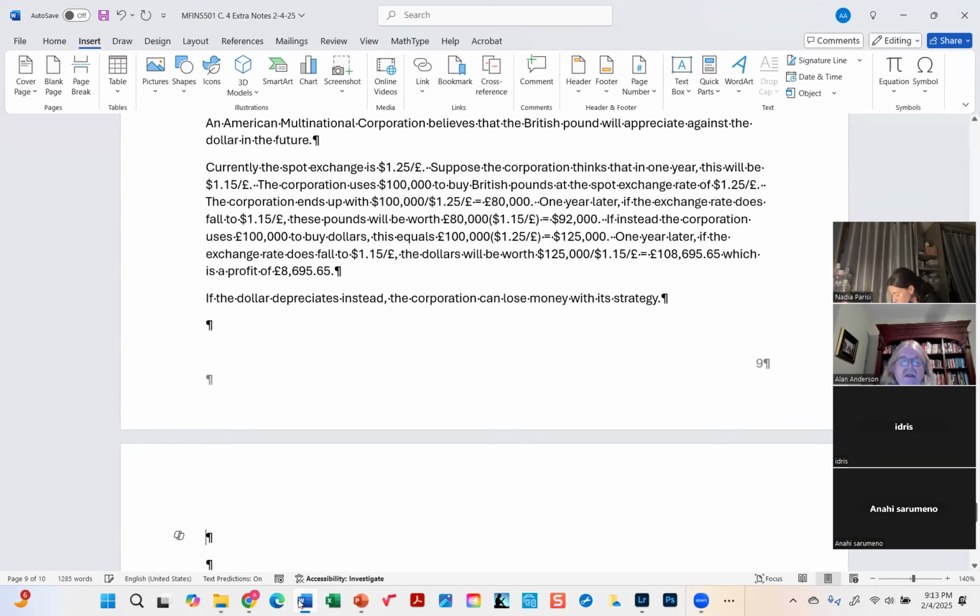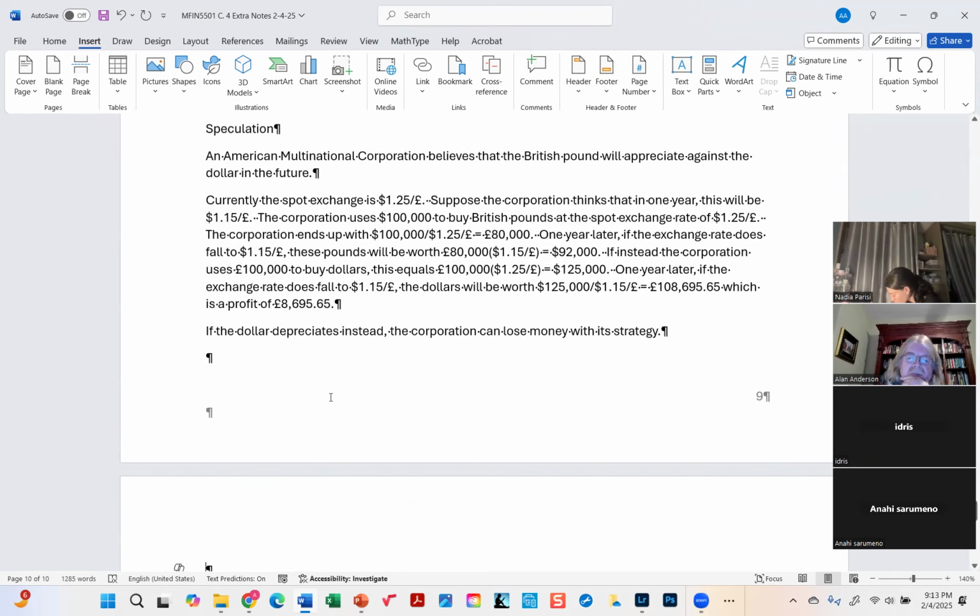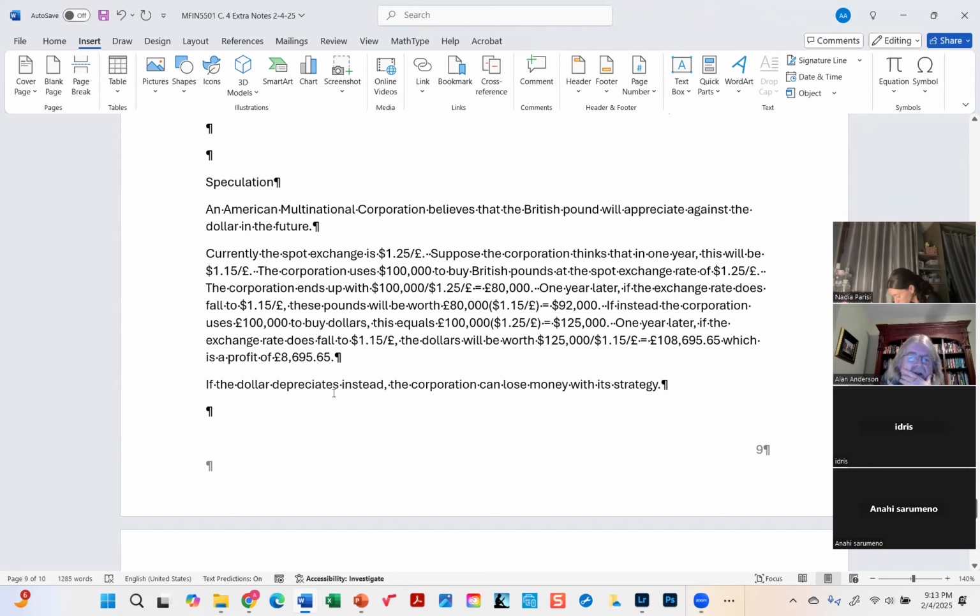So making money depends on taking the right position based on your expectations and also then being right. But of course, speculation is another word for gambling, and there's a reason for that. It is gambling. You don't know what's going to happen in the foreign exchange markets in 1 year. But what you can do is make sure that you're picking the right position, that you'll actually benefit if you're right.